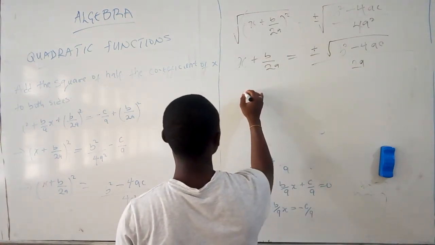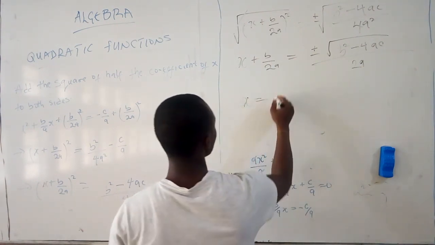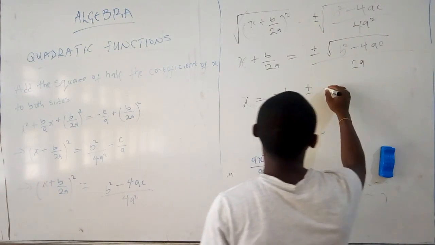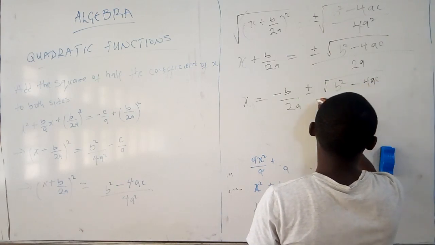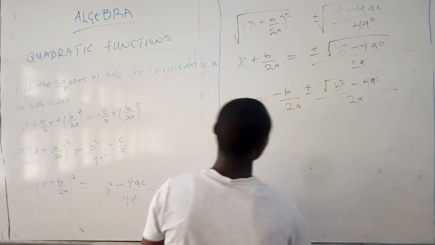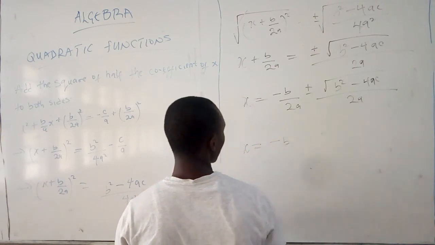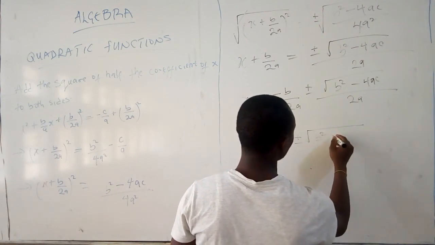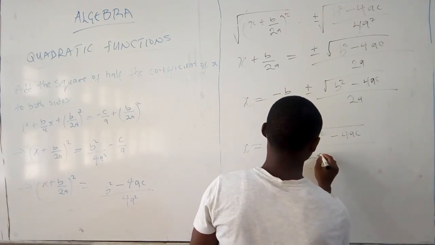So you have x, it is equal to minus b all over 2a plus or minus root of b square minus 4ac all over 2a. Now, since the denominators are the same, all you say is x is equal to minus b plus or minus root of b square minus 4ac all over 2a.